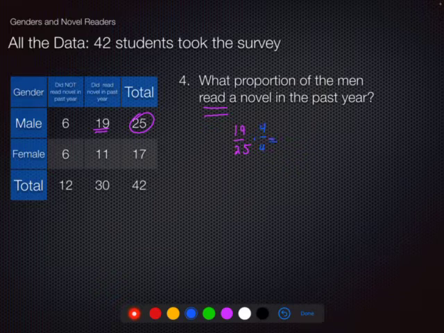When I do that, on the top I get 76 over, and here's why I took it times 4 over 4. 25 times 4 is 100. So this is 76 hundredths, 0.76, or 76%. And so 76% of the men did read a novel last year.